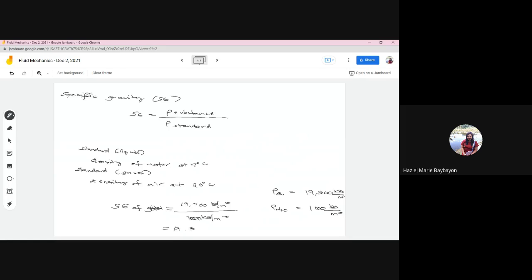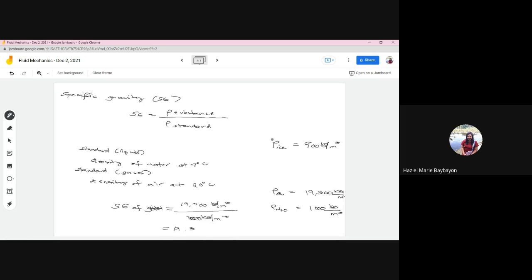And then, for example, if you have ice, the density of ice is smaller compared to the density of water. Just to give you a picture, you have 900 kilograms per meter cube. And take note, the density of water at 4 degrees Celsius is 1,000 kilograms per meter cube.